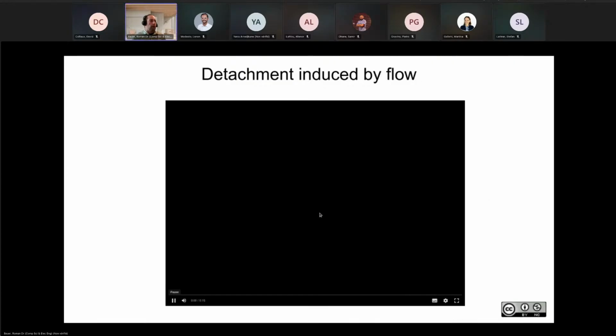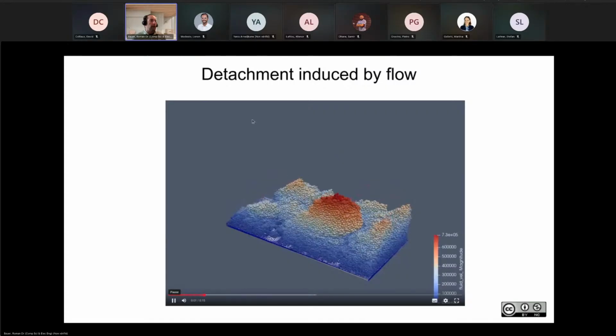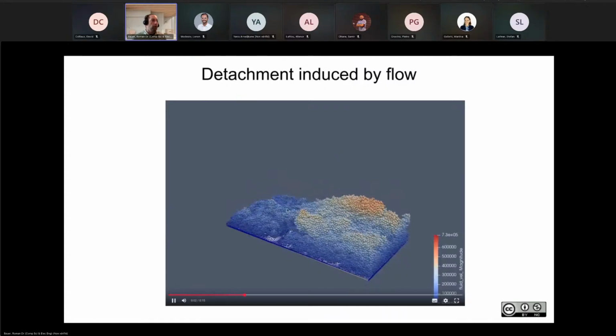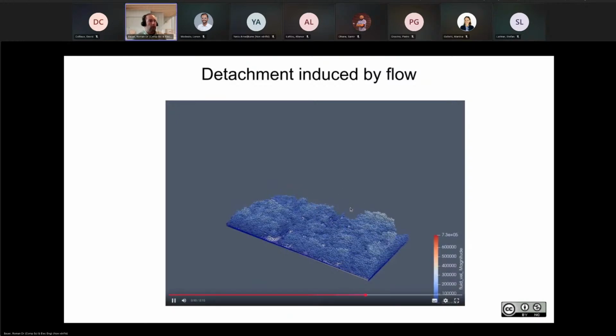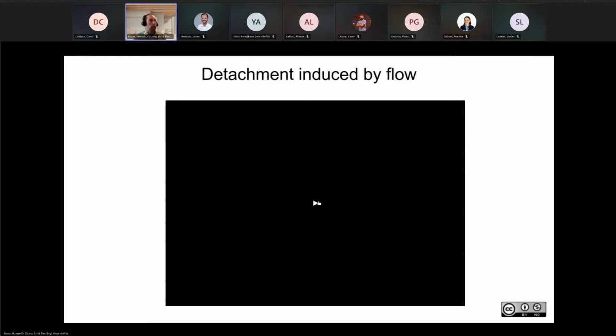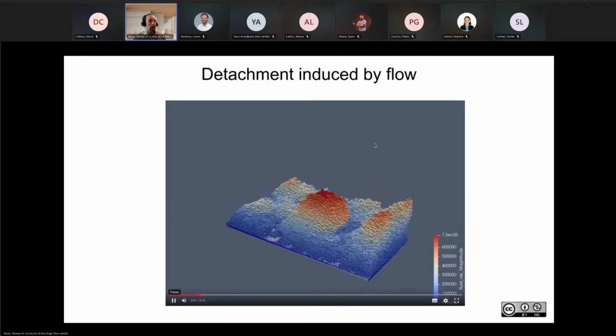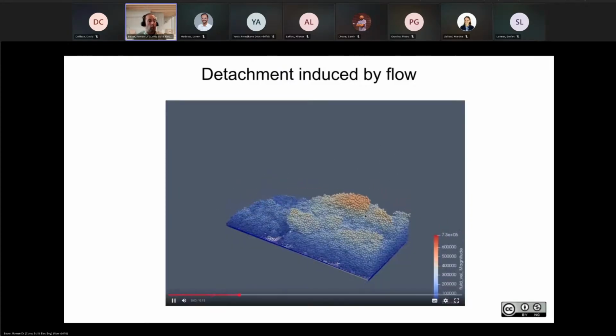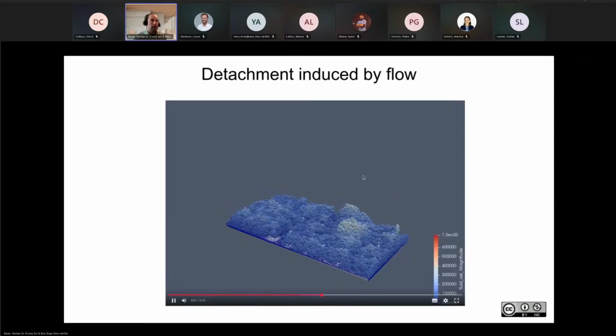This is another example of such a detachment induced by flow. In this case, you can see much more clumping or sloughing, as it's also named, where many cells are detached due to the influence of this flow. And again, this is computationally a very demanding task, as you can imagine, because all of those cells are interacting with their immediate neighbors.